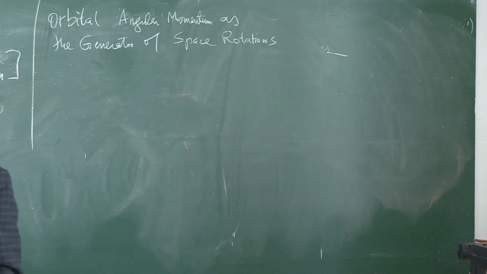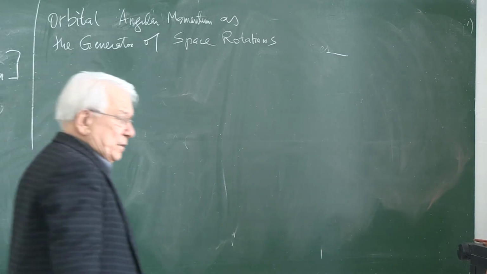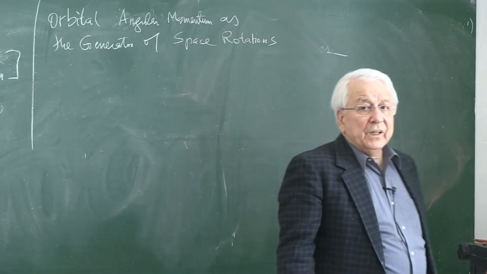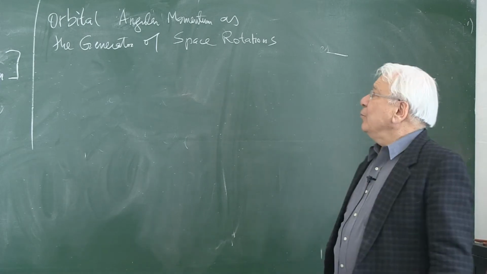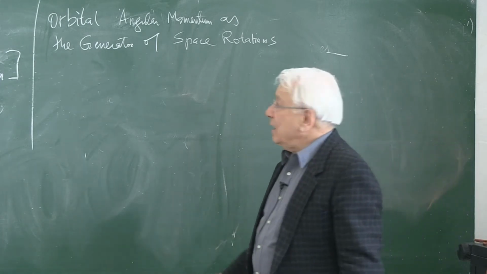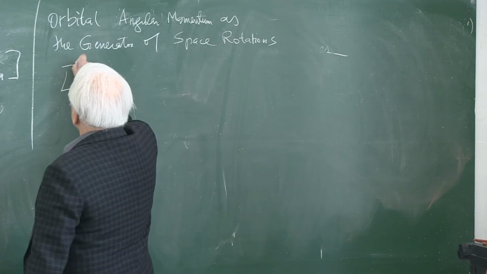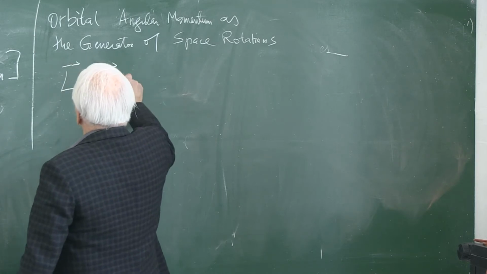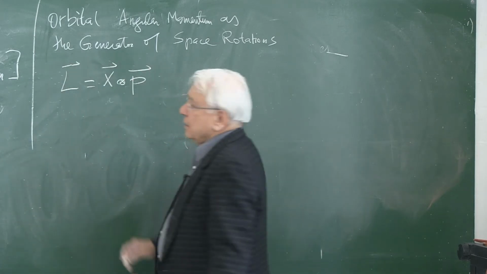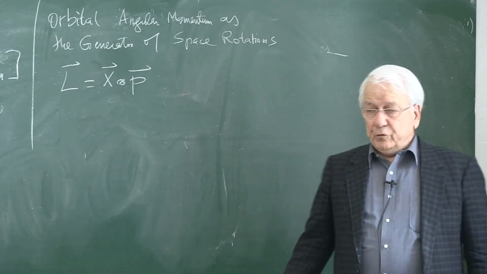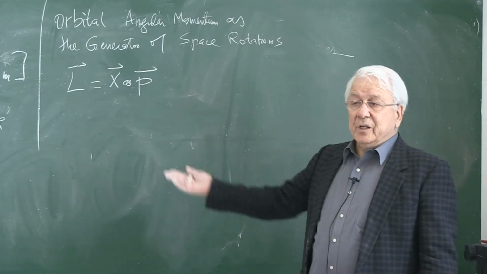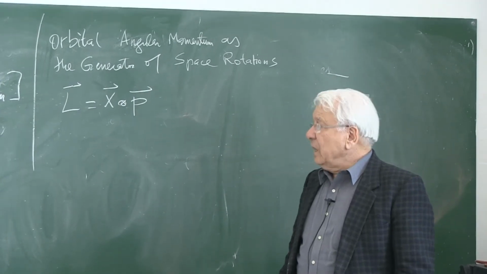We will mimic the steps that we used in working out the generator of space translations, which involved the linear momentum operator; here it is angular momentum. So what am I going to do? I will first start from the definition of orbital angular momentum. That's the classical definition, when x and p are ordinary dynamical variables.